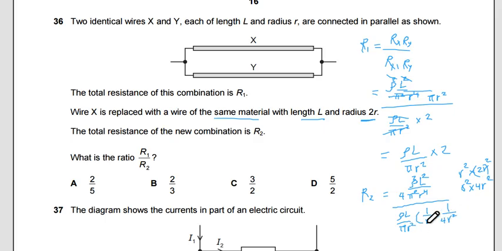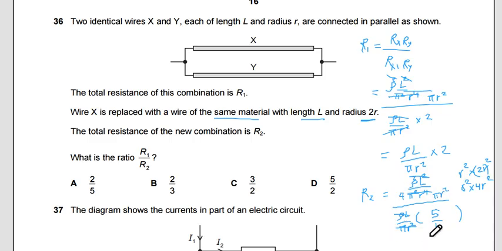Can again take R squared as a common factor, remove it from here, and we have 1 plus 1 over 4, which makes 5 over 4. Can remove rho L with the squares, pi R squared, and leave here pi R squared.